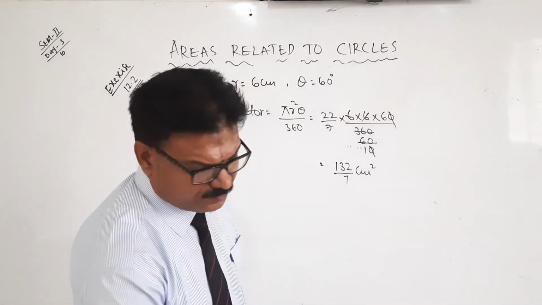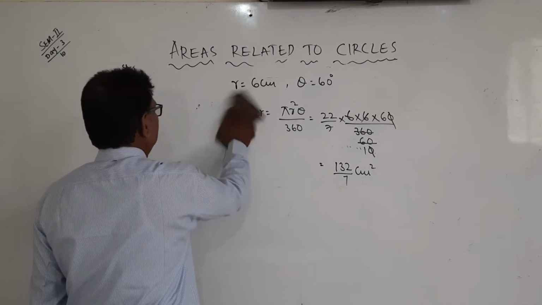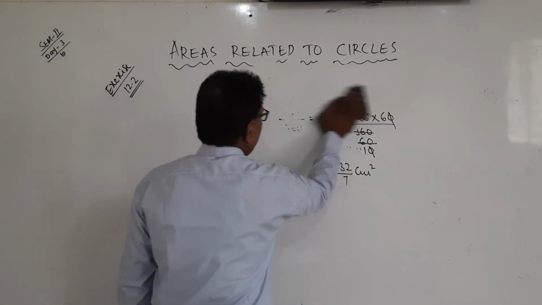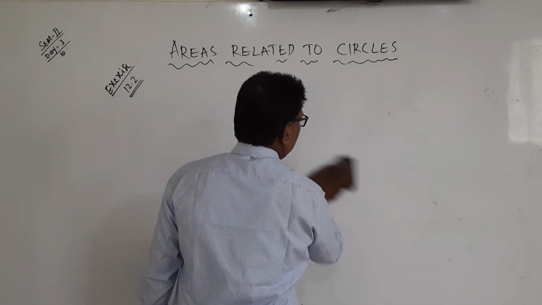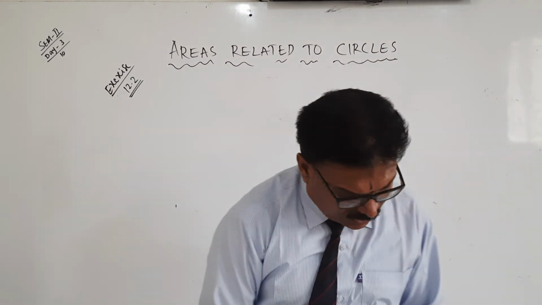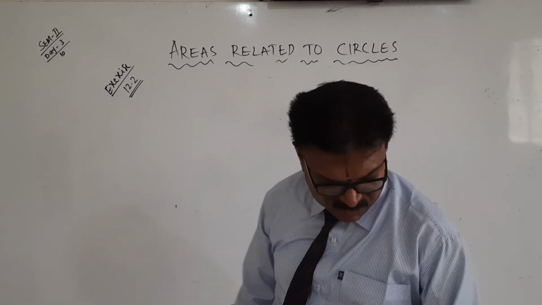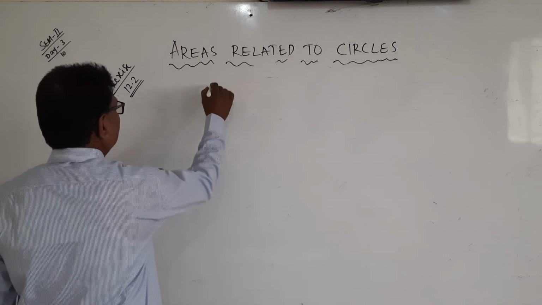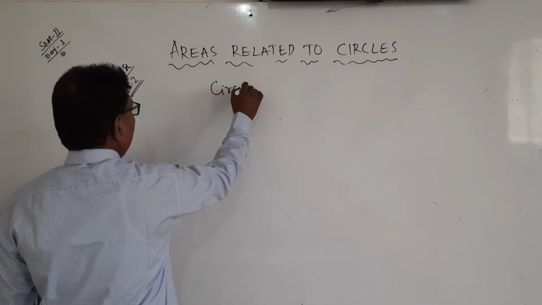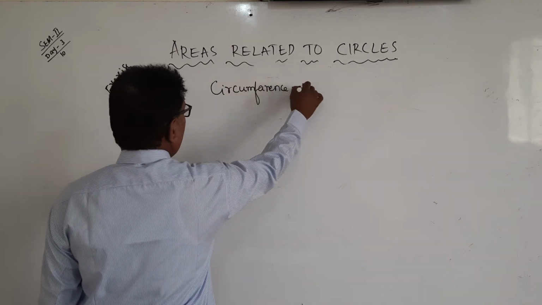Second question, very simple question. Find the area of a quadrant of a circle whose circumference is 22 centimeters. Circumference is equal to 22.